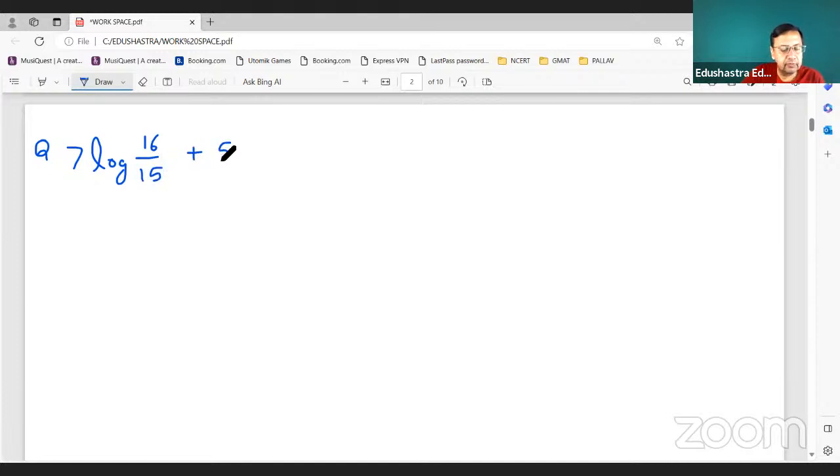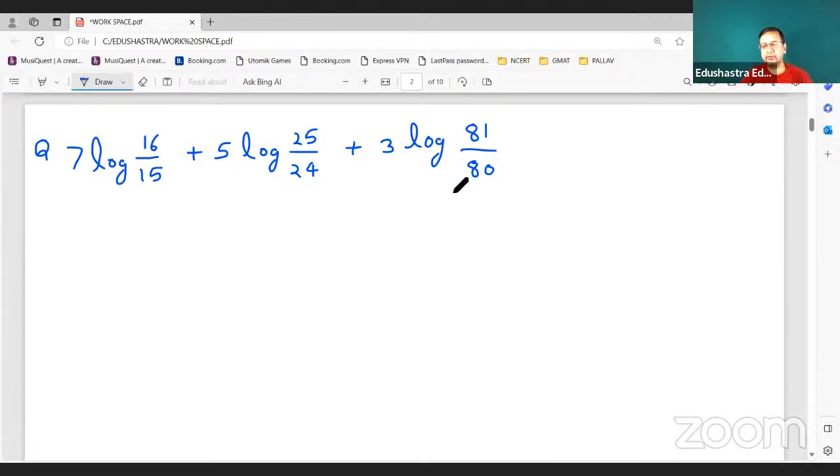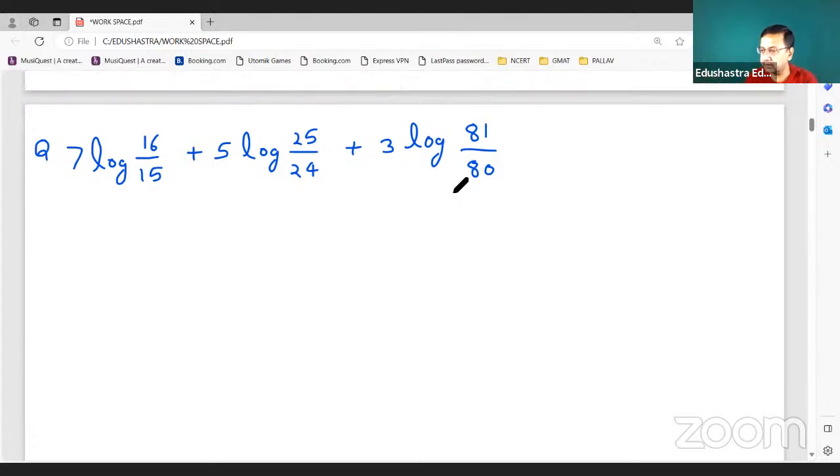Plus 5 log 25 divided by 24. Plus this is 3 log 81 divided by 80. So just simplify and give me some answer, some value.